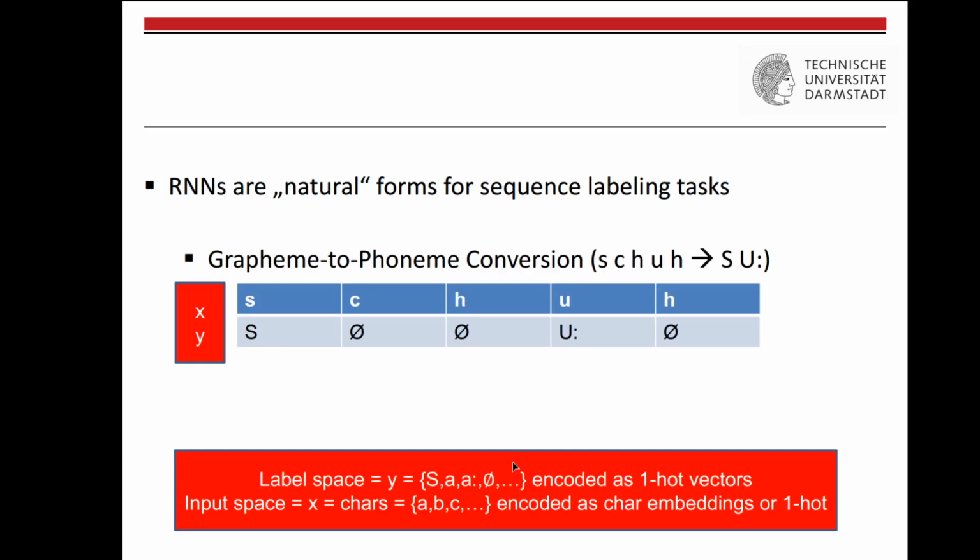Another instantiation is, for example, on the character level. You can also do character level applications for RNNs. One sample case would be grapheme to phoneme conversion, where you want to transcribe a letter form such as shoe into its phonetic representation shu, which directly indicates how to pronounce this word, right?